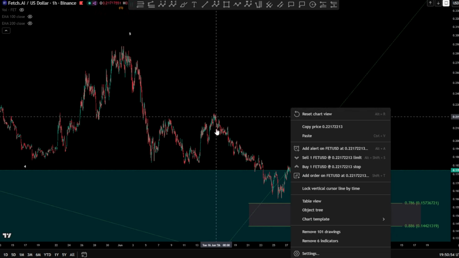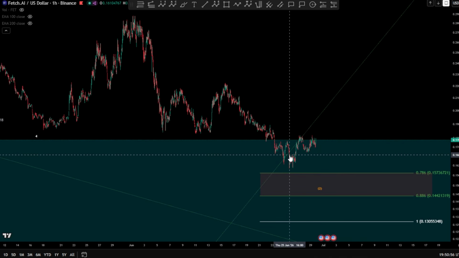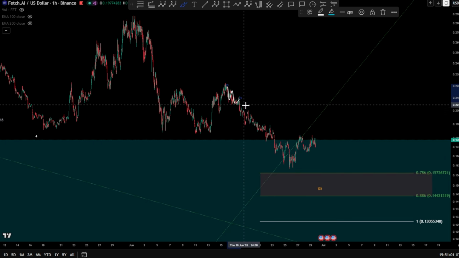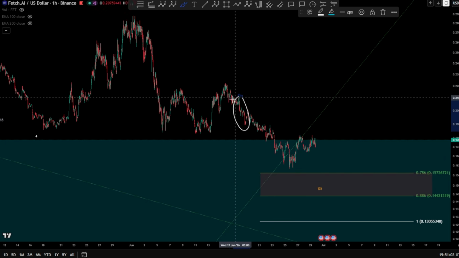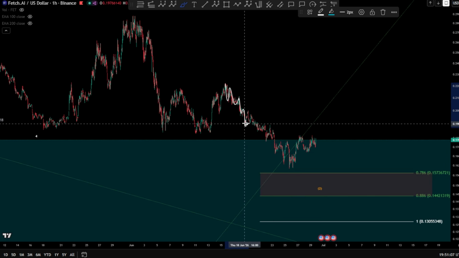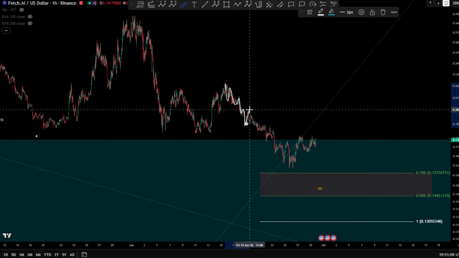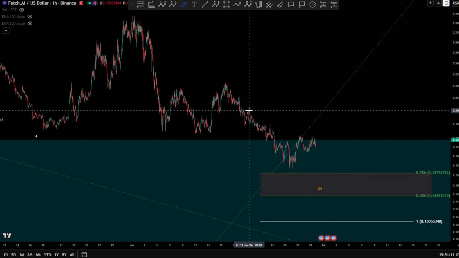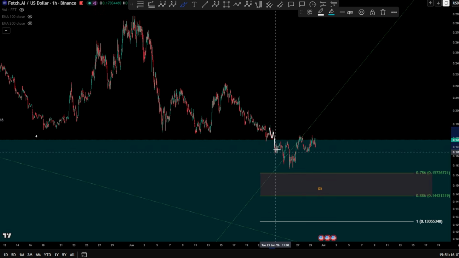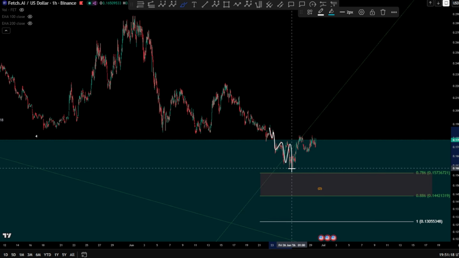Now, if we take a look at this final move here, it's a little bit choppy and horrible, I would say. But still, you can find an impulse over there where you have kind of like a 1, 2, 1, 2, 3, 4, and a 5 for your wave 3, which is a short one, and then 4 and a wave 5. Finish somehow. I know that it's a lot of overlaps, but this is a kind of like a wave 3, 4, and a 5.